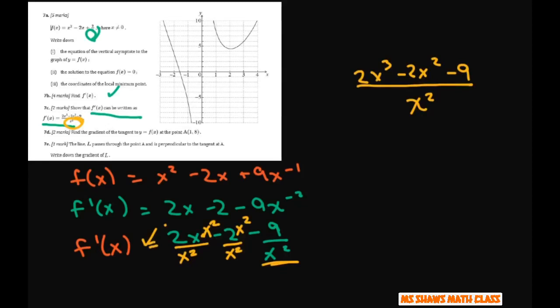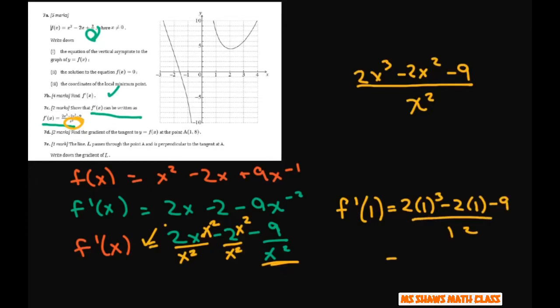That's going to give you your gradient. So f prime of 1 equals 2 times 1 cubed minus 2 times 1 minus 9 divided by 1 squared. And that equals negative 9.